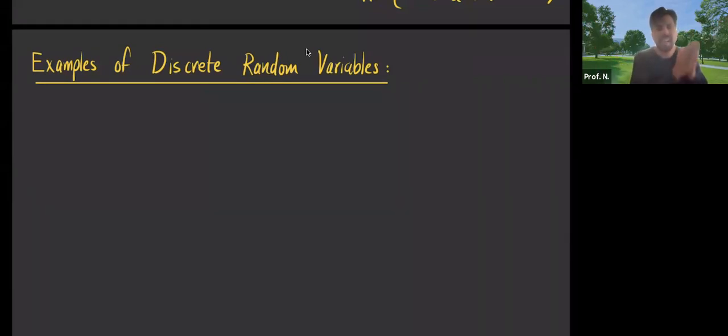It could be countably infinite, or something can be what's called uncountably infinite. So discrete really deals with the natural numbers only. So for example, what's discrete? If you can count it with counting numbers, it's discrete. If you can't count it with counting numbers, it's not discrete, and most likely it will be continuous.